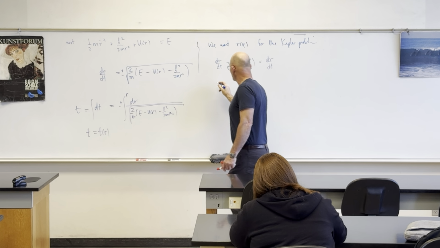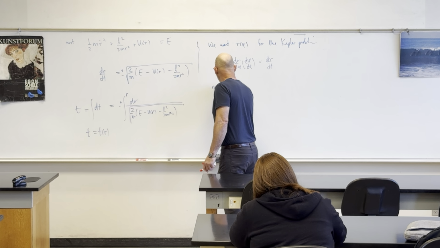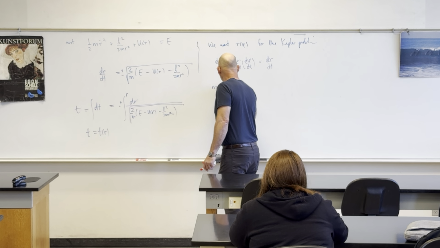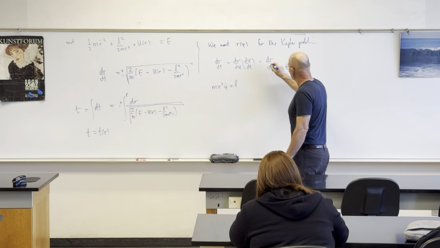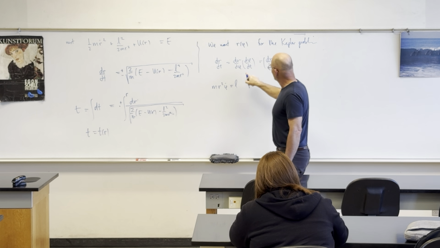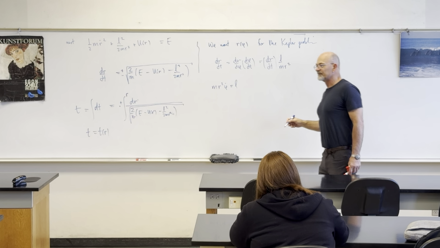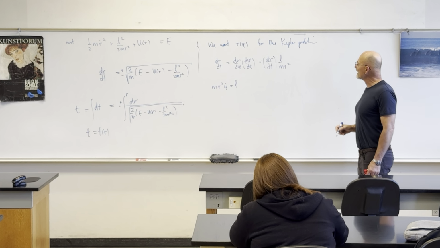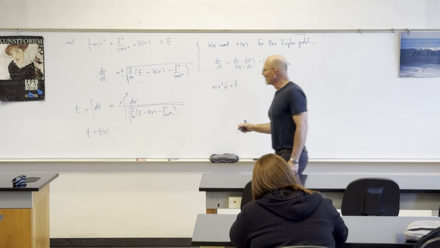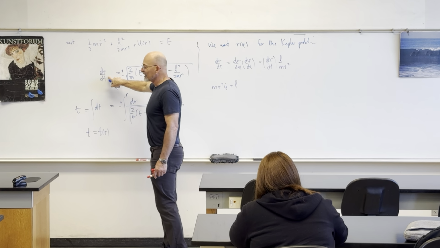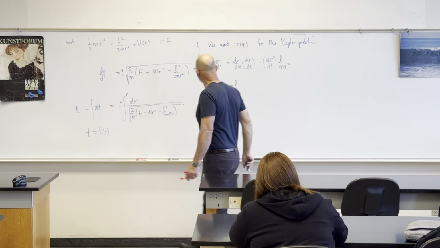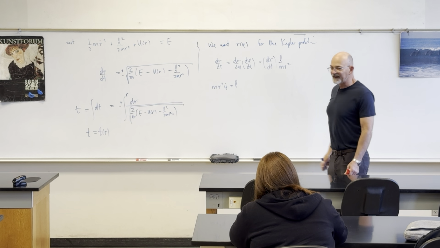Because remember we have m r squared phi dot is equal to L. So we would have phi dot, d phi dt, is equal to L over m r squared. And we could just make that substitution right here and then rearrange. And that is effectively just implementing the chain rule.